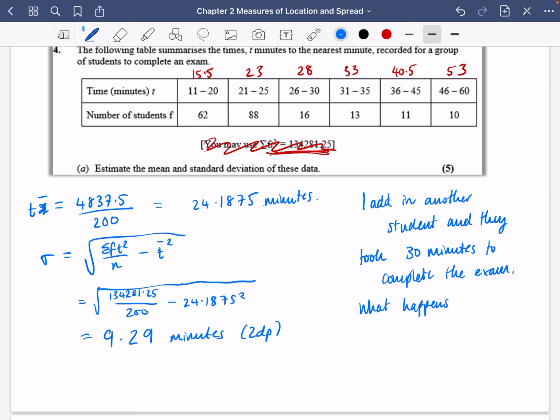What happens to the mean? Well, if you're adding in 30 minutes and it's bigger than the mean, it's going to increase the mean because it's bigger than the mean.